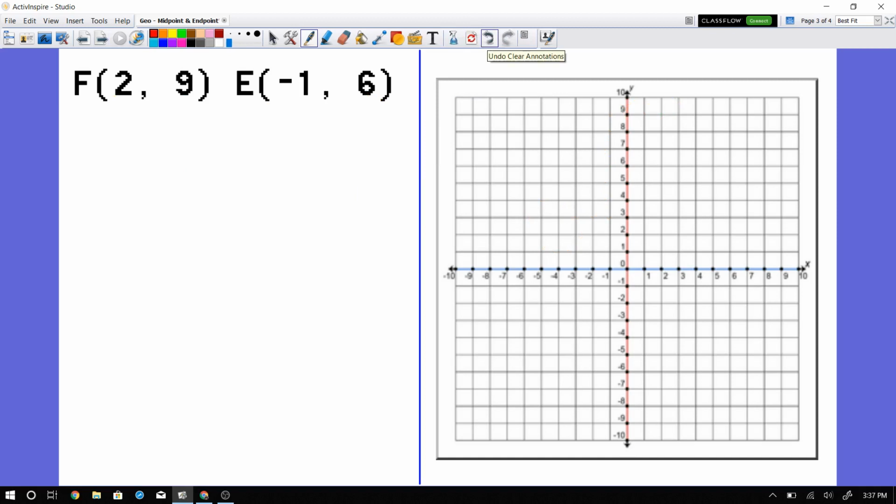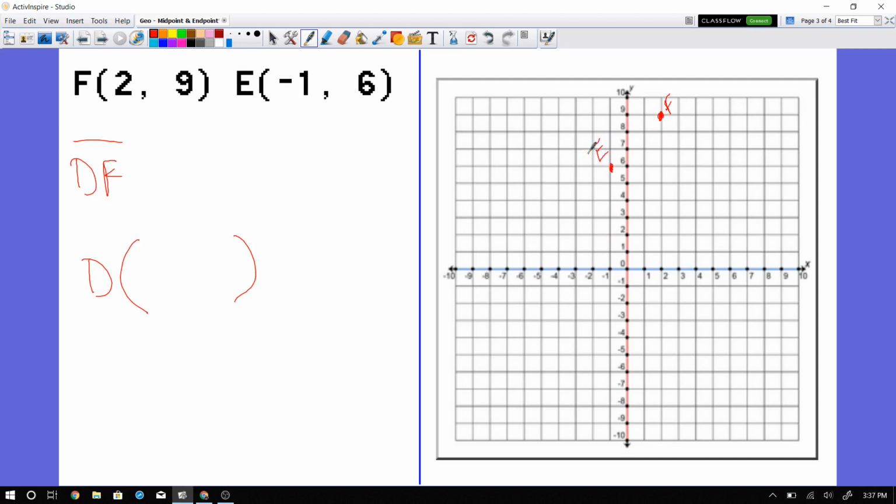All right, so we know that we're dealing with line segment DF. I don't see a D here, so we're looking for D. So let's see, F is 2, 9. You should have graph paper in case you ever want to do this. E is -1, 6.